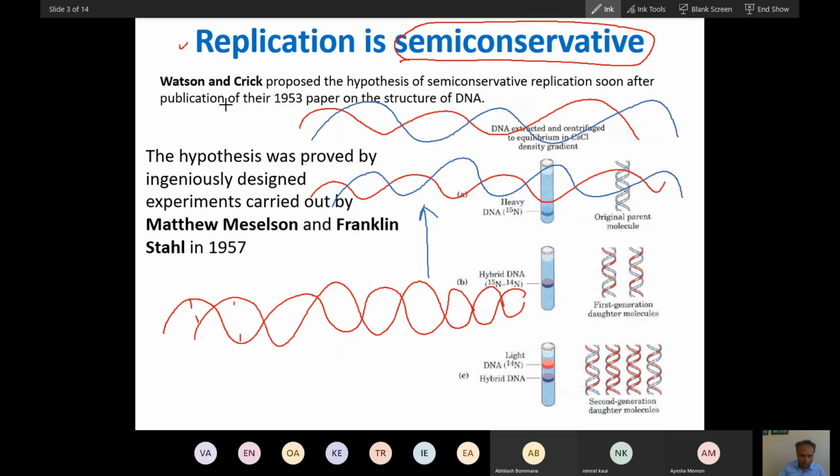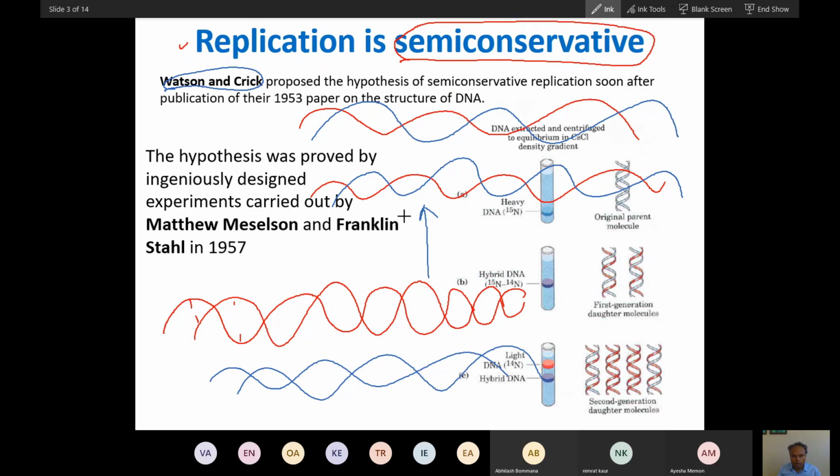But when Watson and Crick discovered the double helical model, at that time people did not know whether the second DNA is completely new DNA or it is like this.